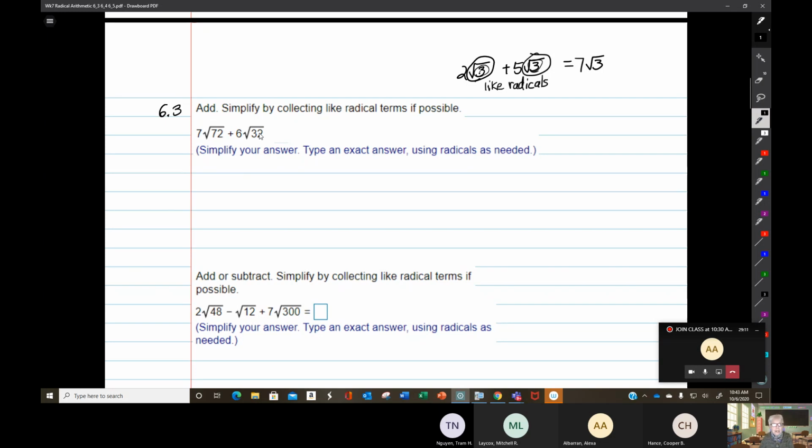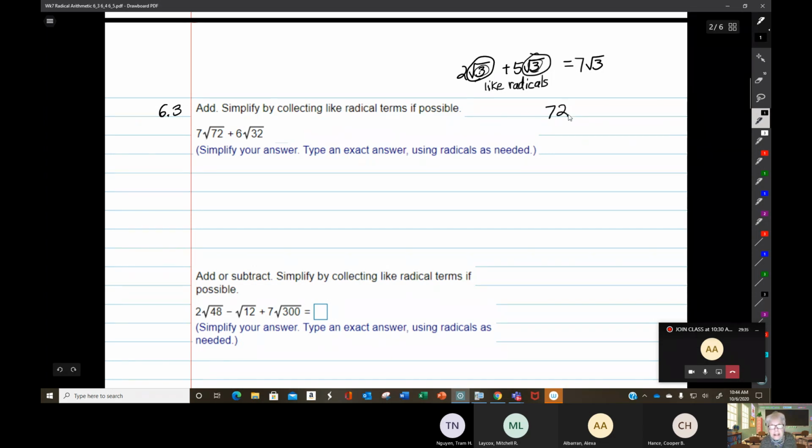But don't take anything on face value. 72 is 9 times 8. It's got a perfect square in it. In fact, 8 has a perfect square in it. Let's break down 72.